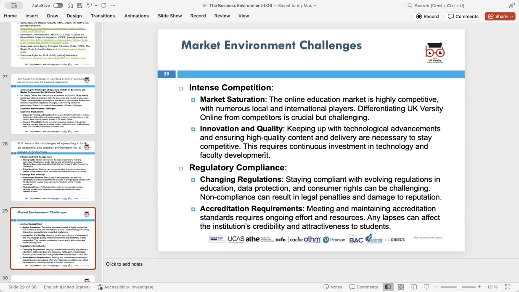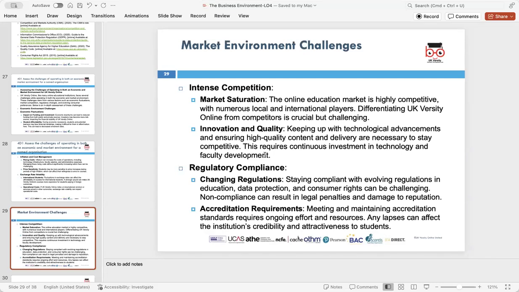The institution must find unique selling points and value propositions to stand out in a crowded marketplace. This could involve offering specialized courses, superior customer service, or innovative learning experiences to distinguish it from other providers.